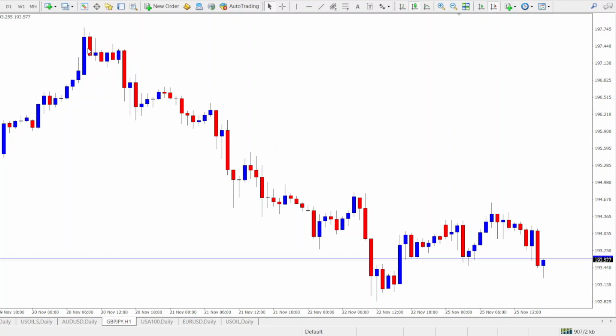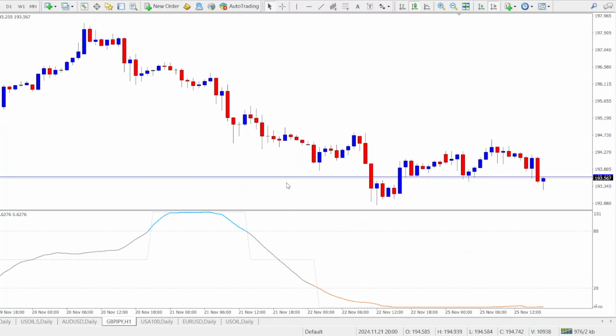So having already done that, I'm going to be adding the indicator to my chart right away. The Trend Intensity Indicator. Okay, here we go. So this is the Trend Intensity Indicator.